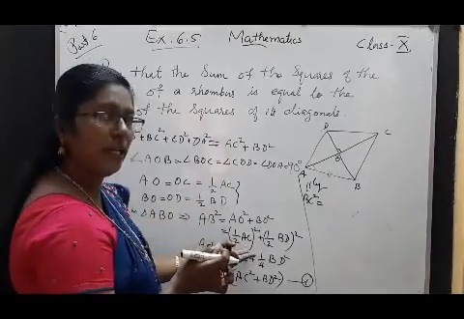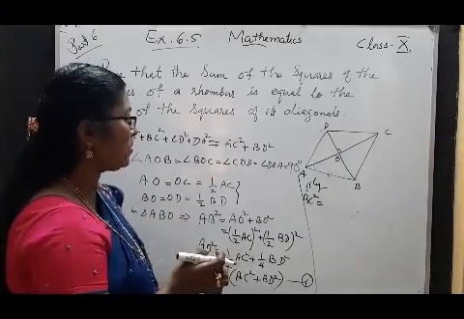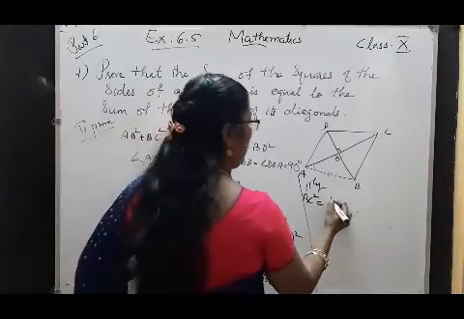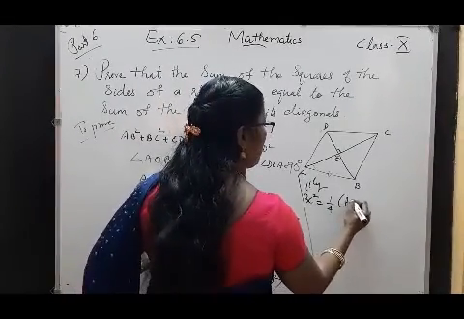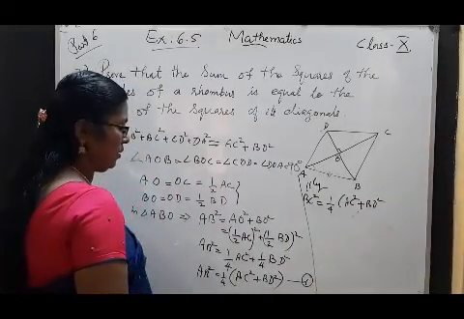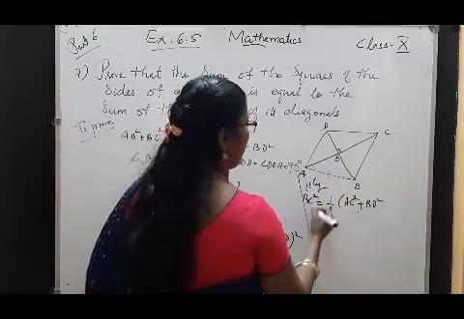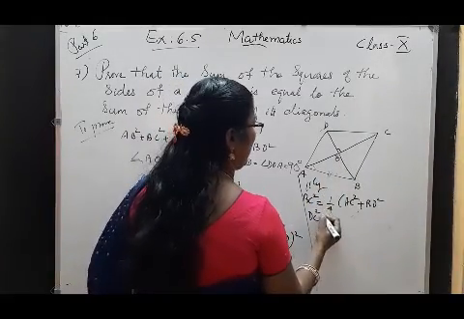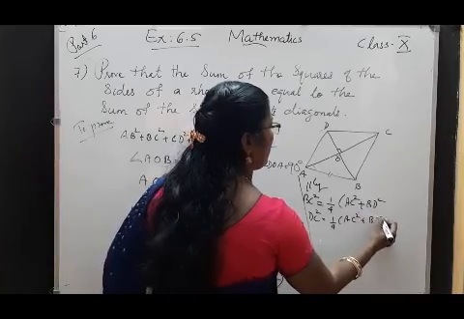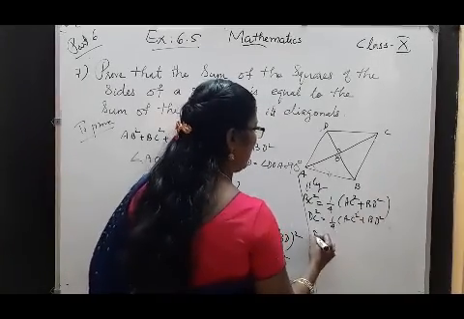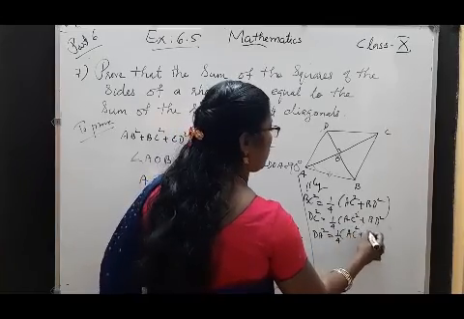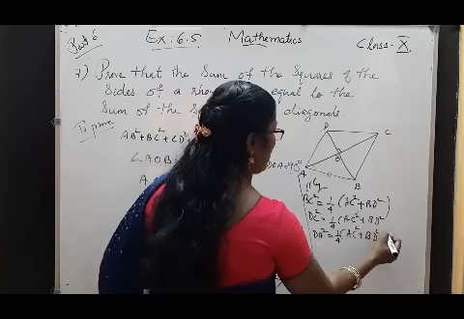Using the same process, after squaring, take 1 by 4 common outside, so BC square equals 1 by 4 of AC square plus BD square. Next, the side DC square equals 1 by 4 of AC square plus BD square, and DA square is also 1 by 4 of AC square plus BD square.